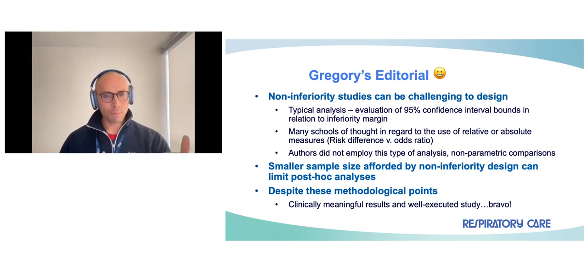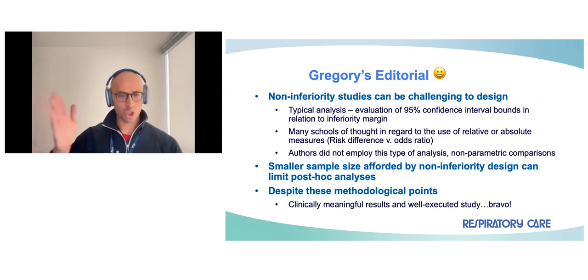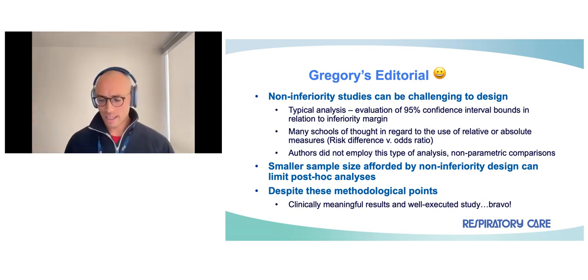The authors here did not employ this type of analysis. They used comparisons of medians to determine non-inferiority, and it just goes to show the challenge in trying to answer specific research questions. You have to take the good and the bad with any given analysis.